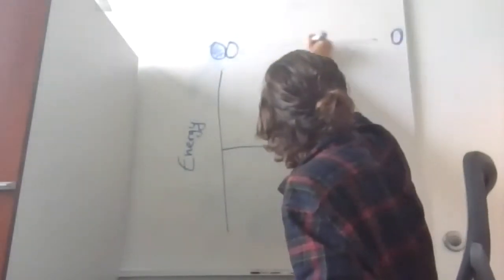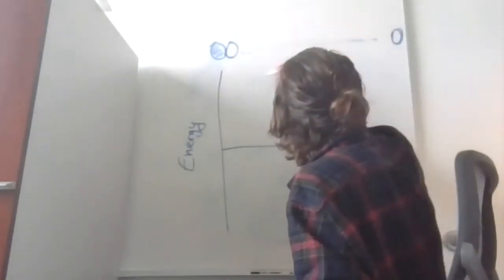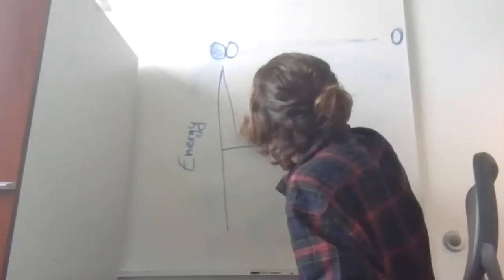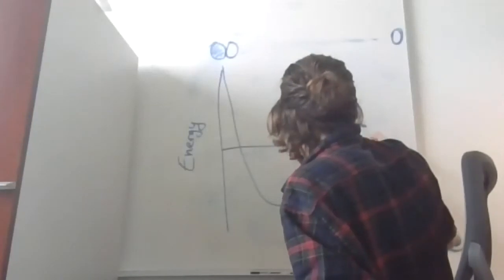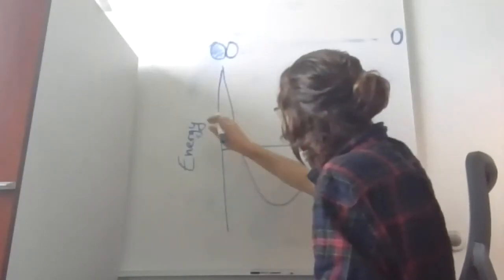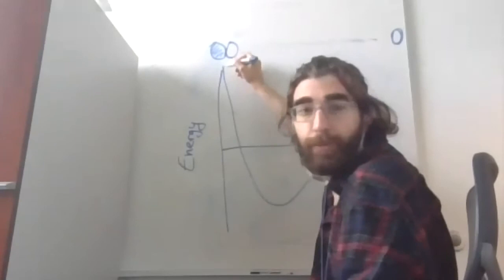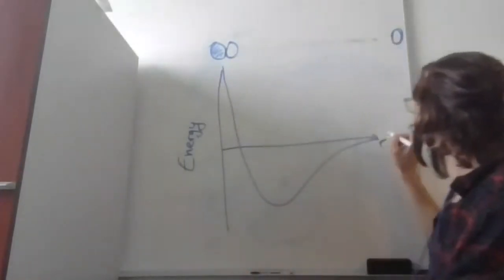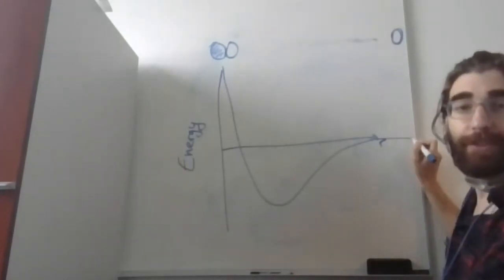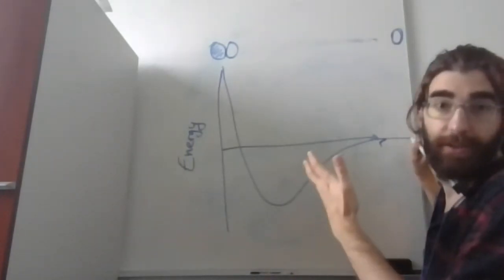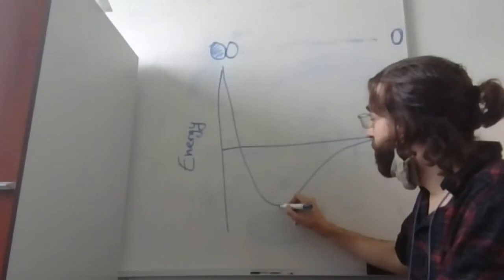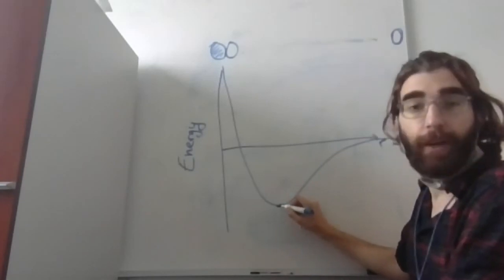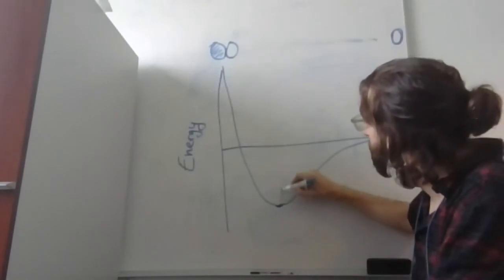And so what happens in the region in between? Well, we end up with a curve that looks something like this. If the atoms are too close, the energy is really high because they're repelling each other. If the atoms are too far away, the energy is 0 because there's no interaction. But here we have a local minimum, like this point here.